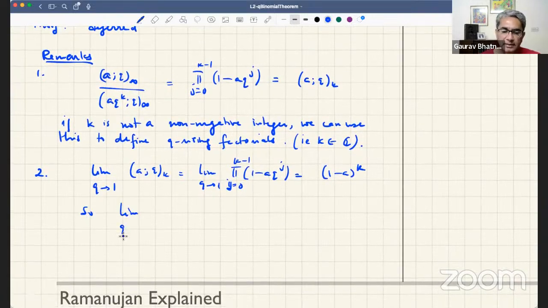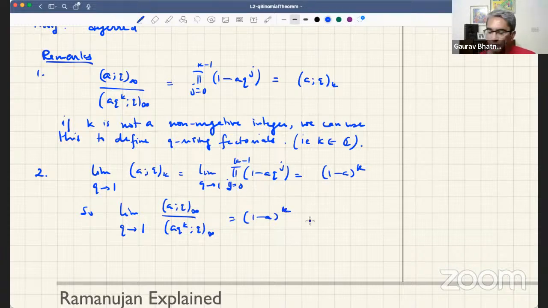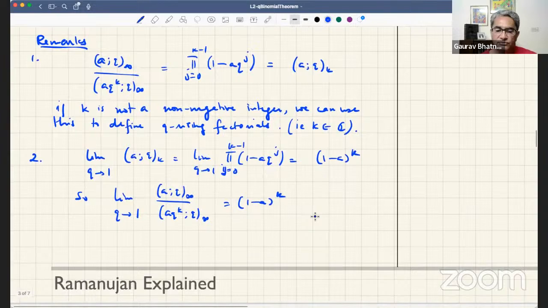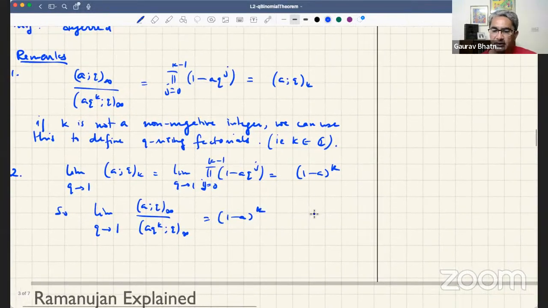This limit should be (a;q)_infinity over (aq^k;q)_infinity, which is also equal to (1 minus a)^k. So this expression makes sense for both sides, even when k is not a non-negative integer.